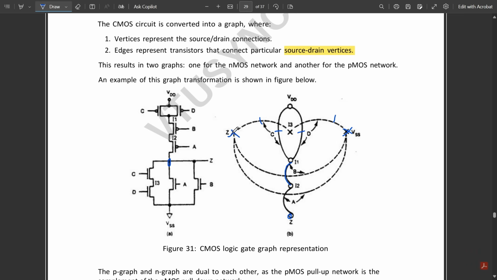Similarly for A, from Z to the ground, they have drawn one dotted line, and it passes through the curve of A which you have drawn for PMOS. So in this simple way you can draw this Euler path diagram, very easy. I hope you understood how to draw this. So this was about the complete Euler path diagram.